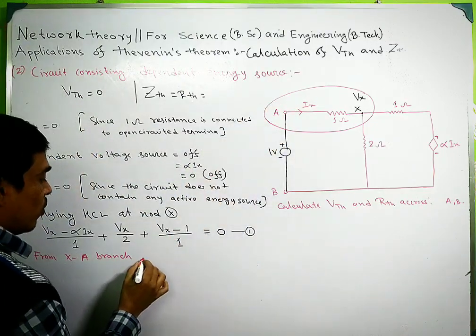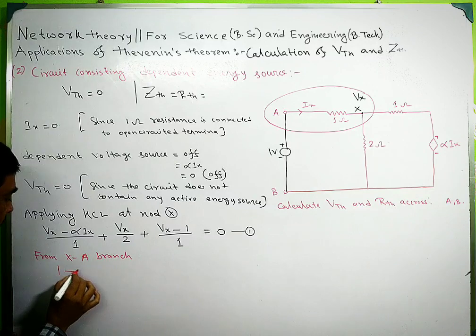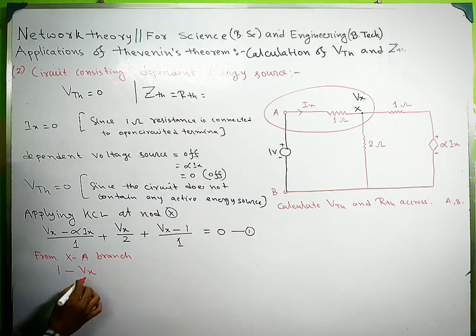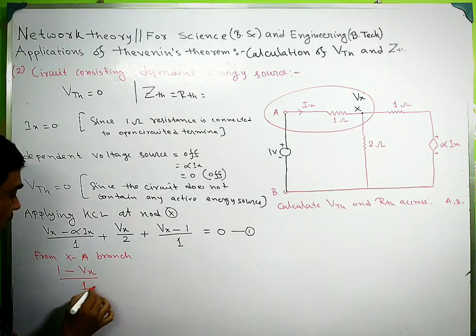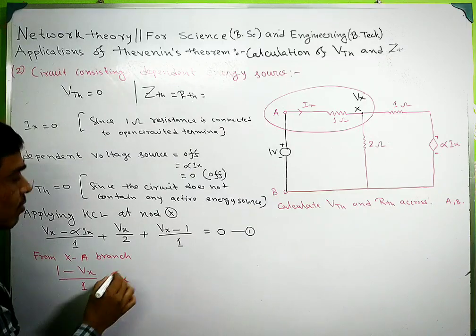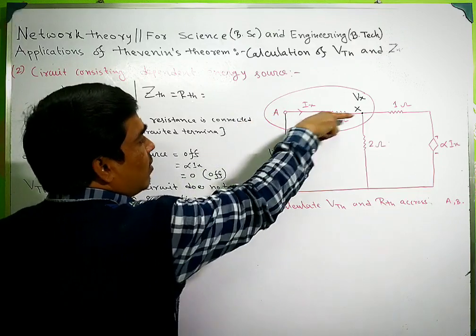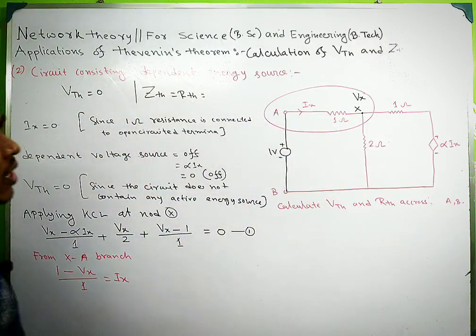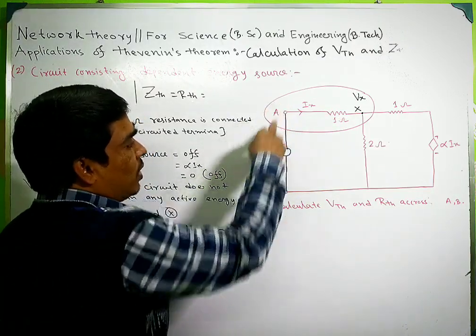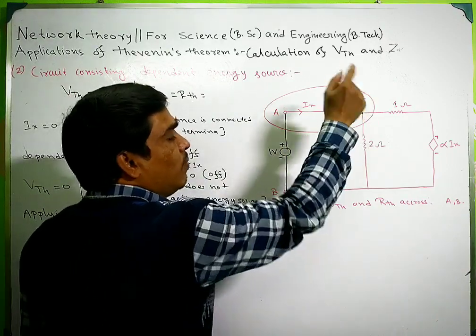The node voltage here is 1 volt and this node voltage is Vx.